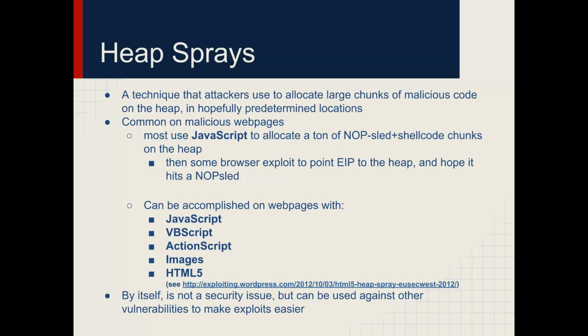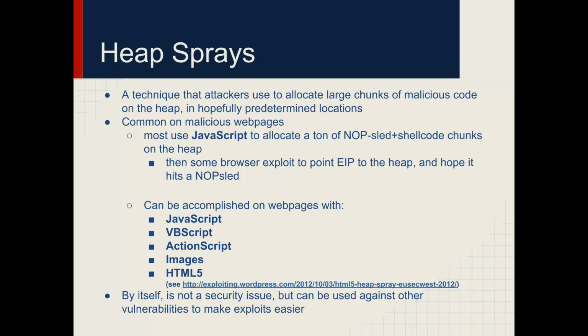Another technique we're talking about is heap sprays. Very, very common in browser malware because browsers run JavaScript on the client side, and JavaScript just lets anyone allocate arbitrary amounts of dynamic memory for whatever purposes they want.